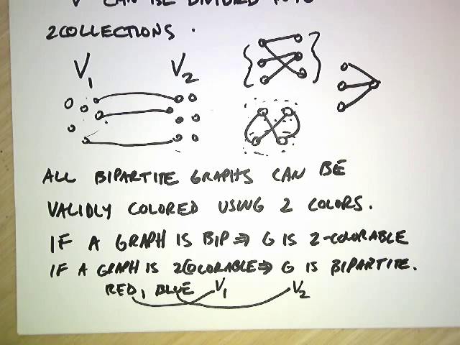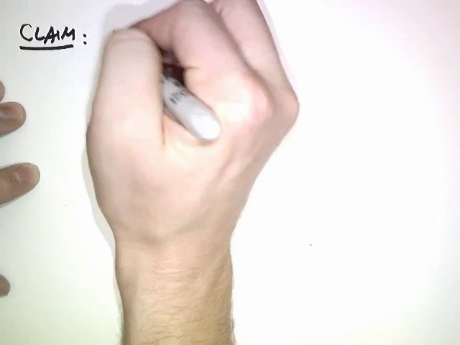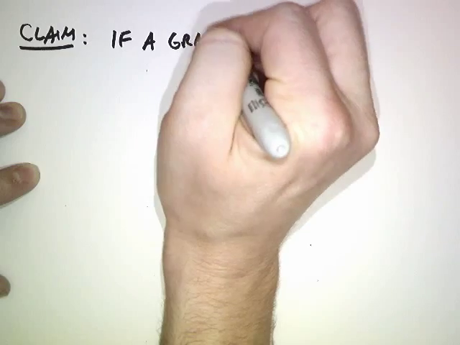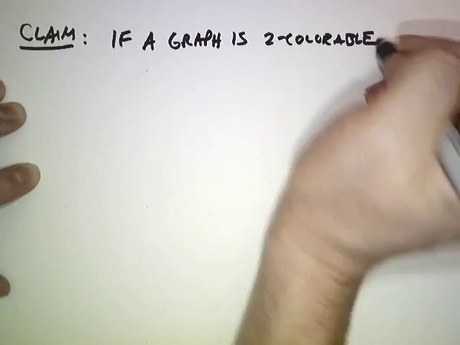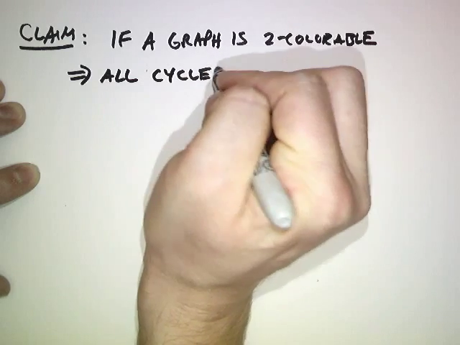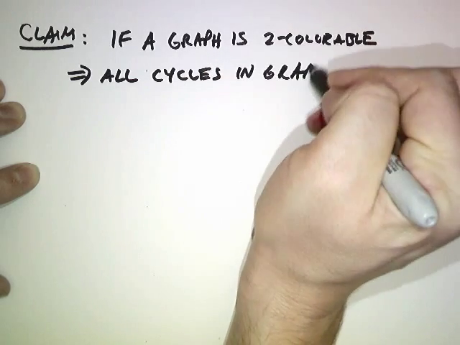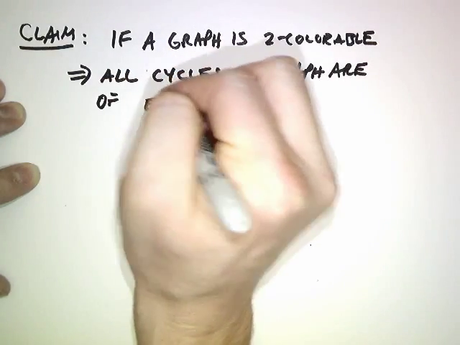Let me prove something else relating two colorability to cycles. So here's a claim that we'll prove. If a graph is two colorable, so if it can be colored validly using two colors, this implies that all cycles in the graph, if there are any, are of even length.